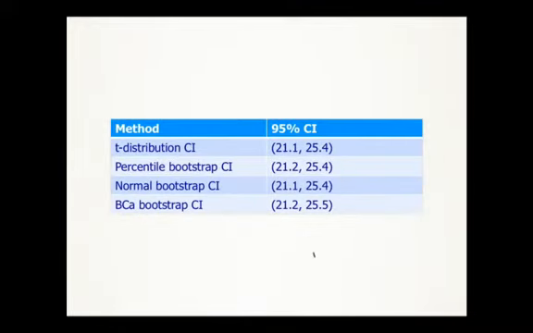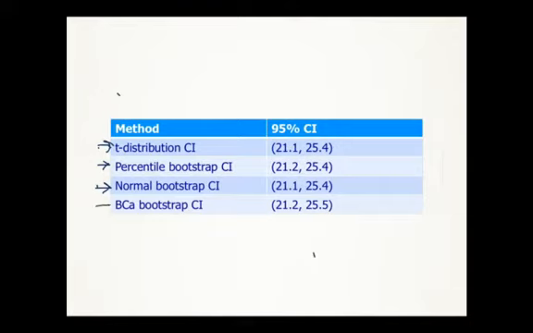So what do these different ones look like in an example? Well, here's what we've been doing. A confidence interval based on the t distribution. That's the first part here. Then we could do a percentile Bootstrap confidence interval. We could do the normal Bootstrap. This is a bias corrected Bootstrap. We're not going to get into the specifics of what that means.